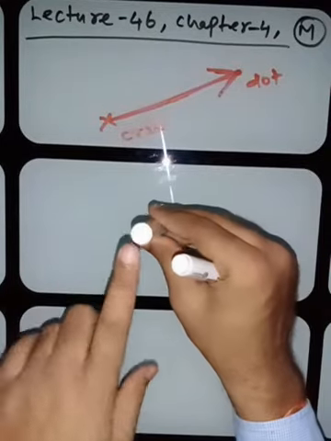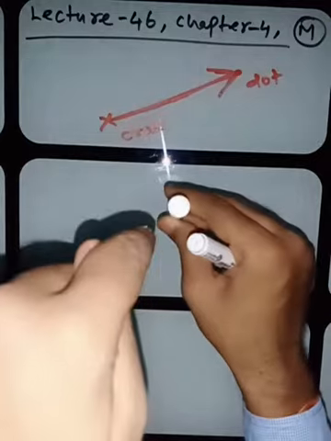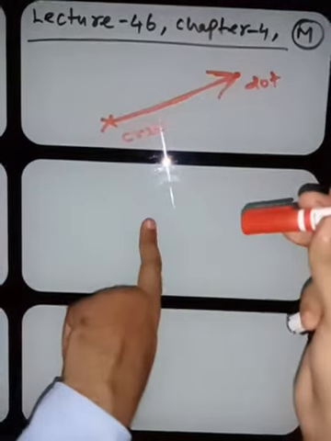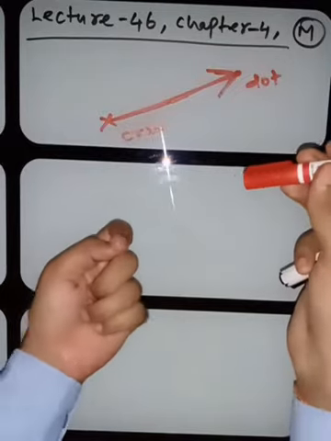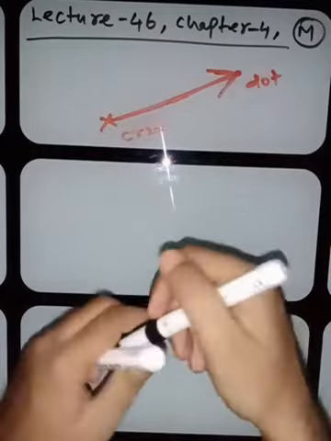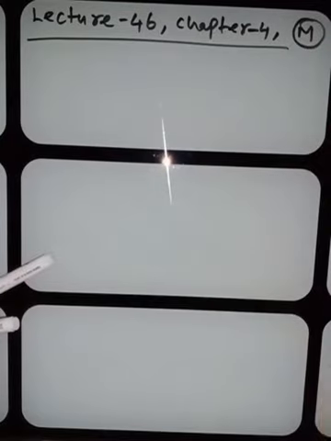So you will see cross, and if it is cross, it means it is going into the paper. So whenever you find a cross, remember it is going into the paper. If you see a dot, remember it is coming out from the paper. All right, so this is the story behind the dot and cross.